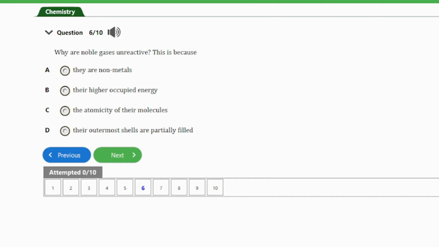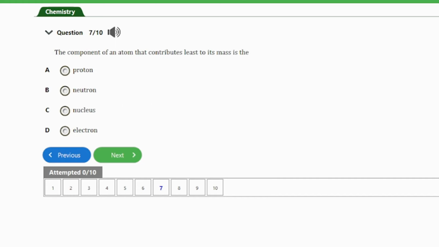So guys, noble gases have all their shells occupied, and as such, that's the reason for their not being reactive. So guys, option B here will be the answer to this question, and that's their higher occupied energy. So let's consider the next question.